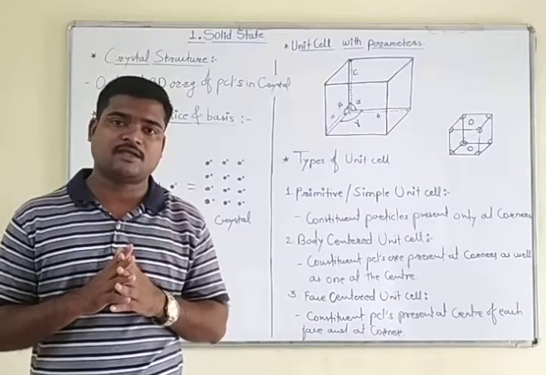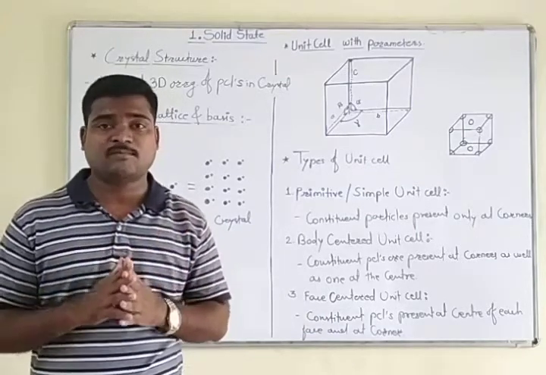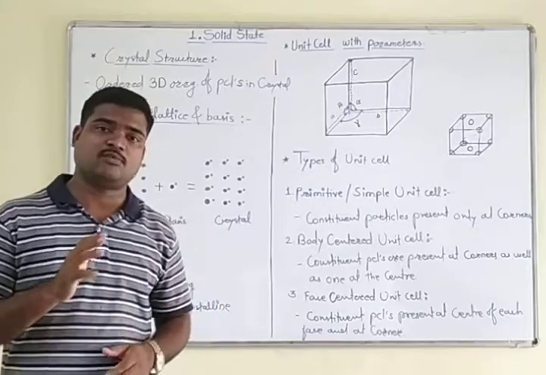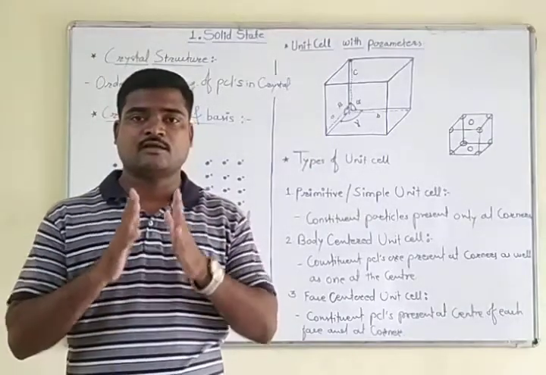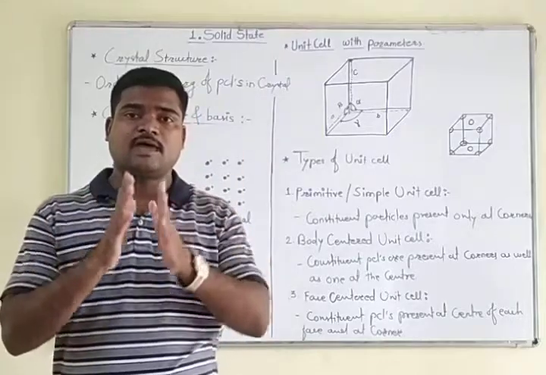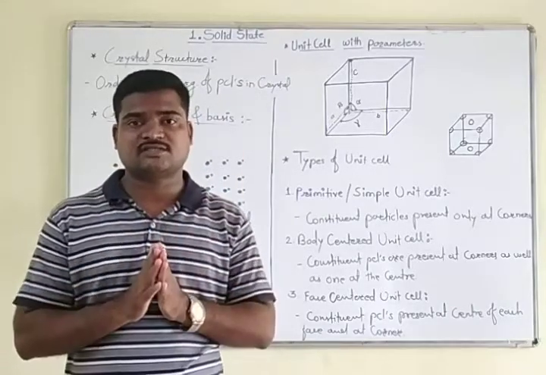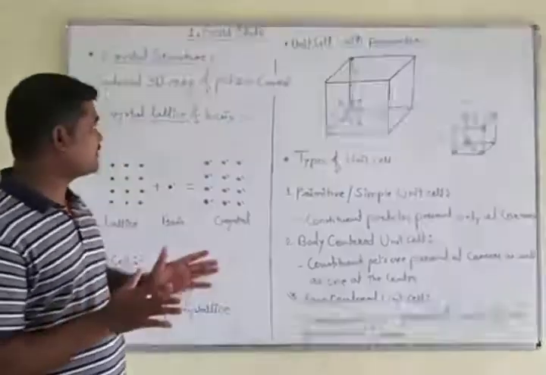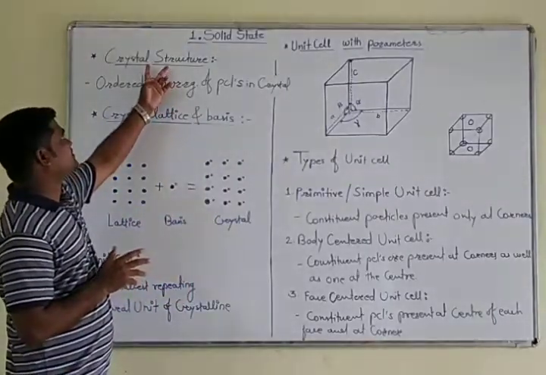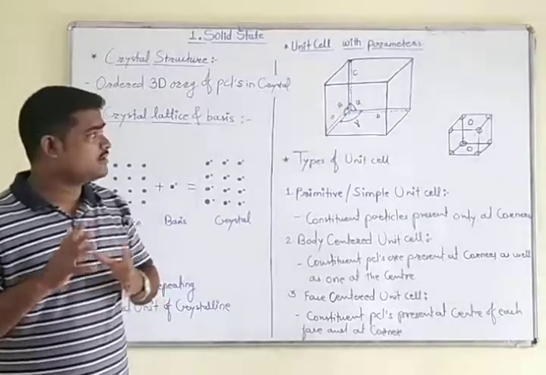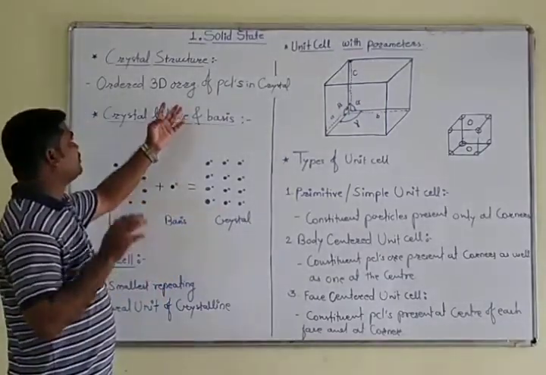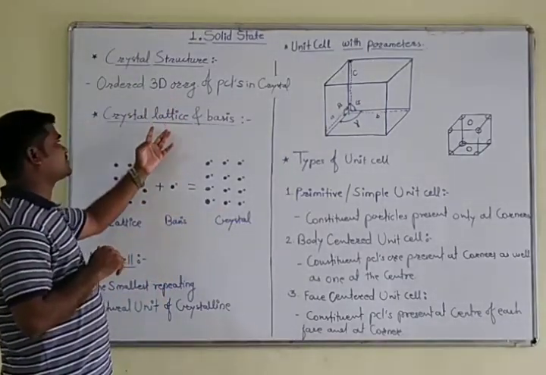In crystallography, the constituent particles, that is atoms, ions and molecules, are arranged in a specific manner and combined to form a crystal structure. That concept is explained in this chapter with the help of this point, that is crystal structure. Now, we will go into detail of this crystal structure.